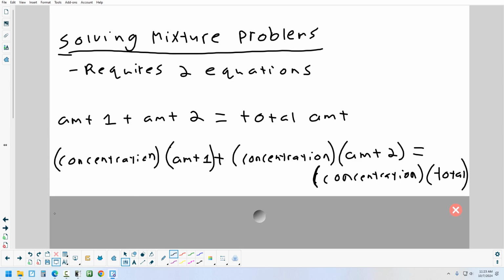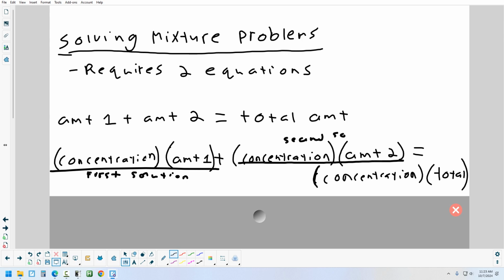And the other equation is going to take into account the concentrations. So this one will be for our first solution. It's the concentration of that solution times how much we're going to use. That's going to be for my second solution.